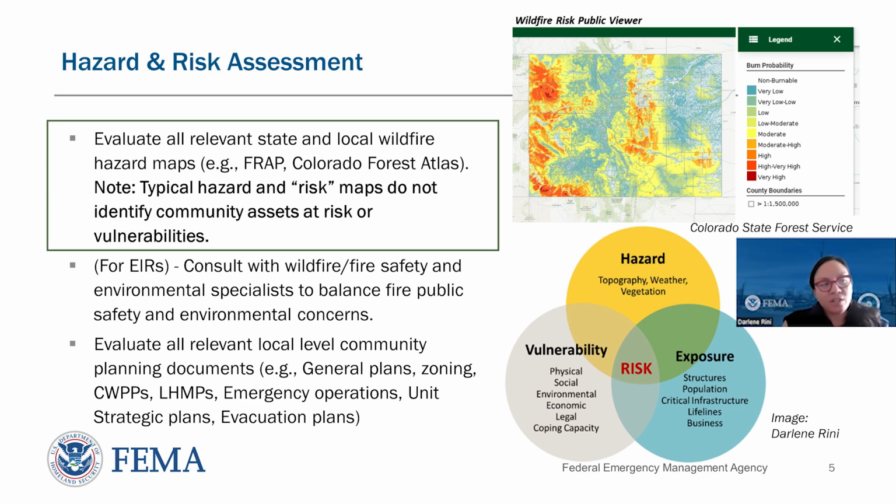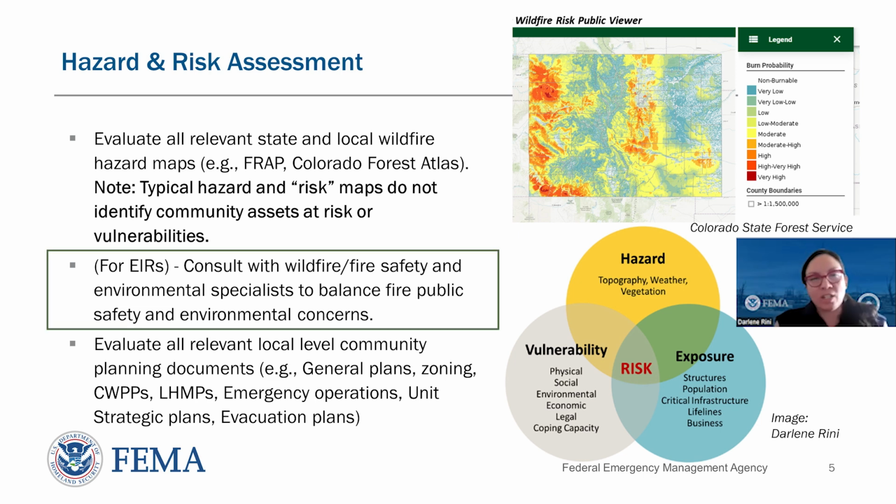In other states or jurisdictions, these types of maps may be provided by the state fire marshal, the state forestry department, or another equivalent agency. But in many cases, state level maps may not exist, although that is rapidly changing. In these cases, consulting a wildfire behavior specialist would be the recommended approach.